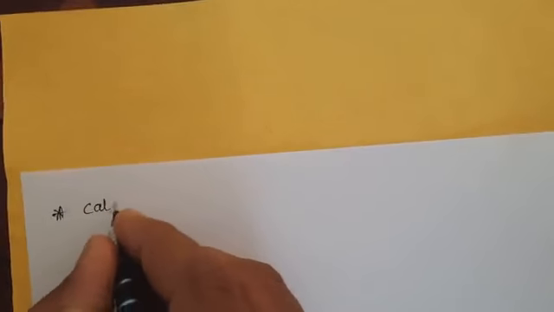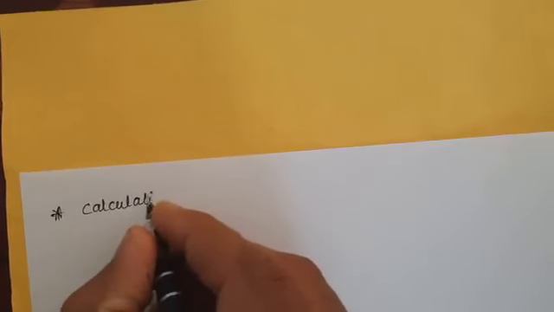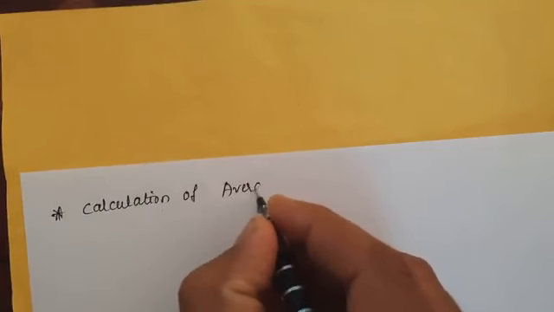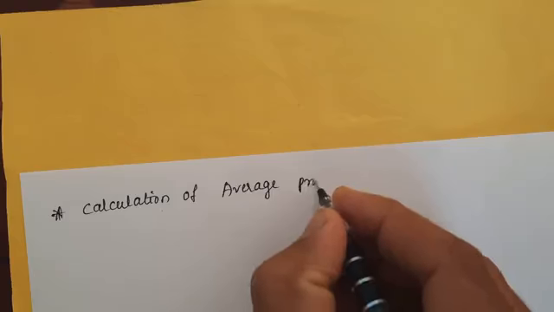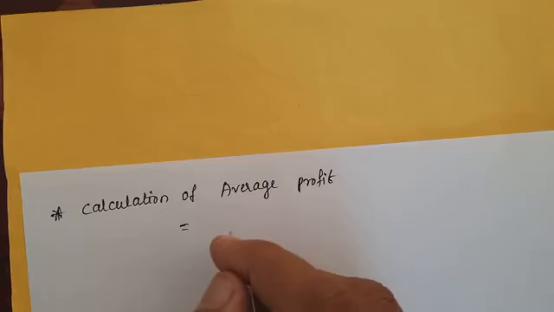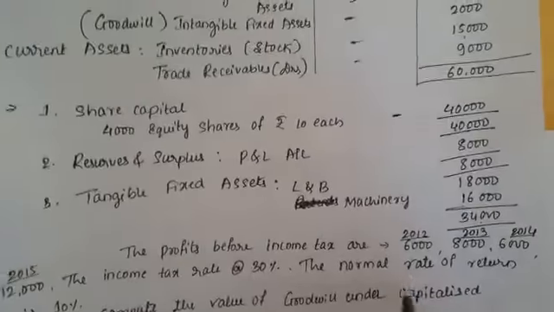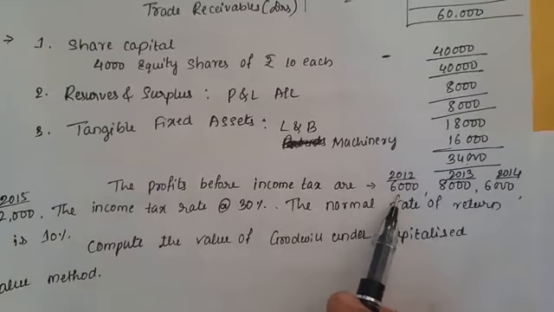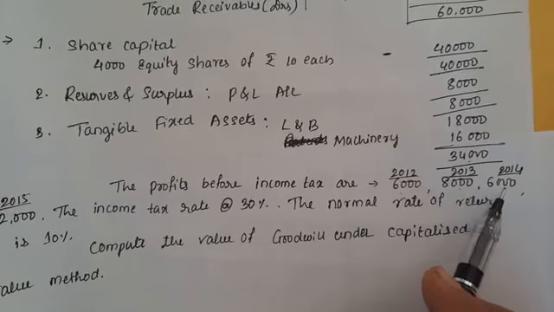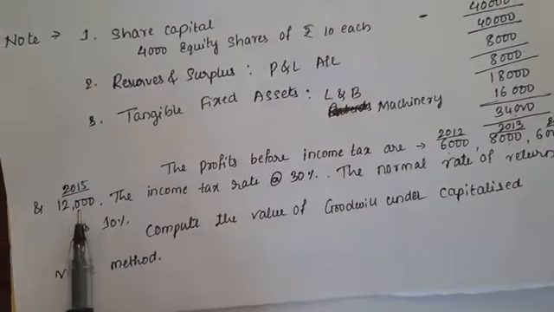The first step: calculation of average profit. You know very well, 2012 6,000, 2013 8,000, 2014 6,000, then 2015 12,000.